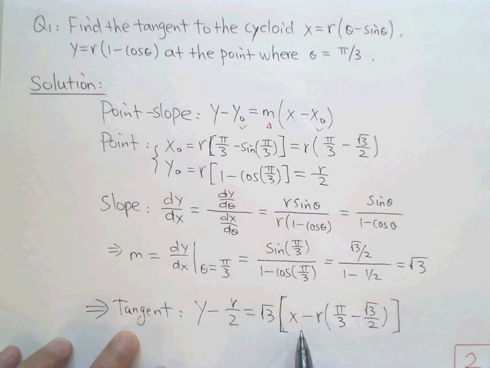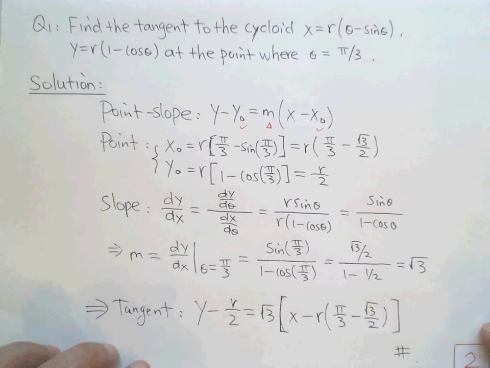We cannot get a very simplified equation, so I just leave it here. You can move terms to the right and distribute to find another form, but it's still the same. This is all.